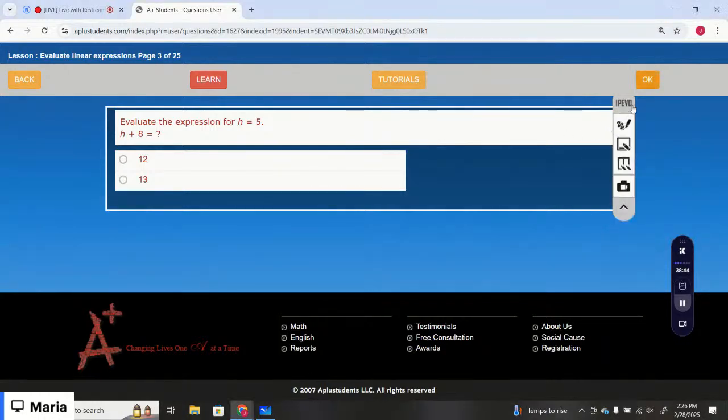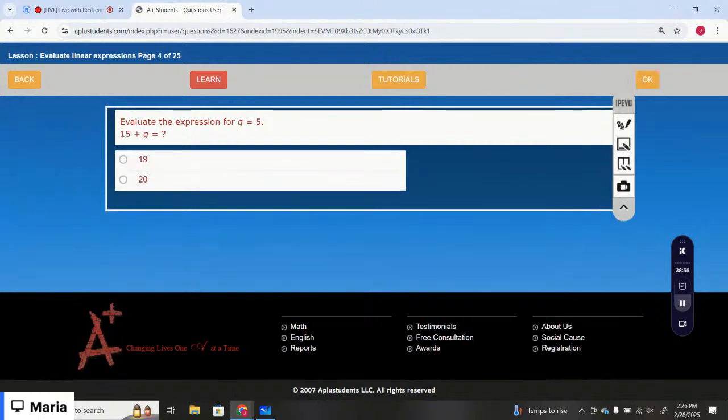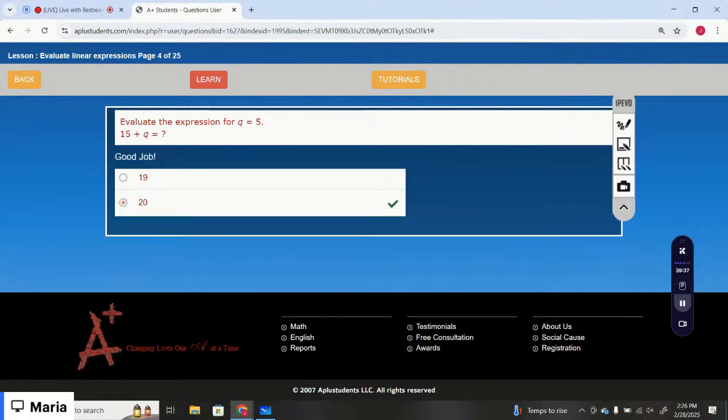So option number 2 is the correct option, that is 13. 15 plus q, so you have to add 15 plus, that is 15 plus 5, that makes 20. Option number 2 is the correct option.